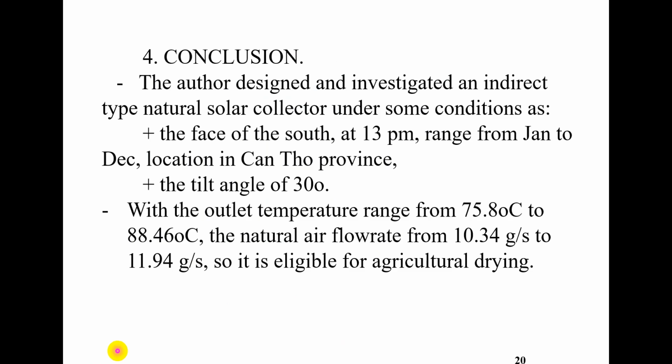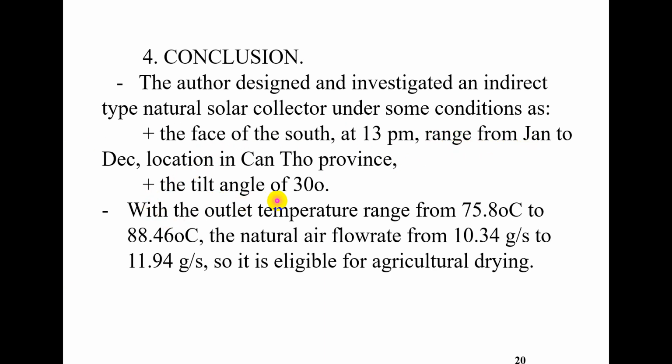Conclusions: in this research, we designed and investigated the indirect type natural solar collector under some conditions. The face of the collector is to the south, the position is Cần Thơ province, and the time is 13 p.m., investigated from January to December.